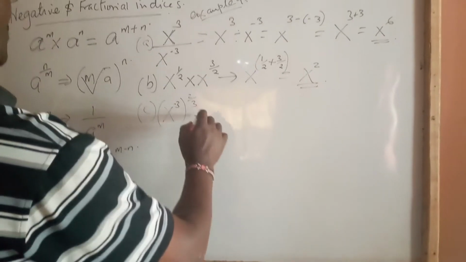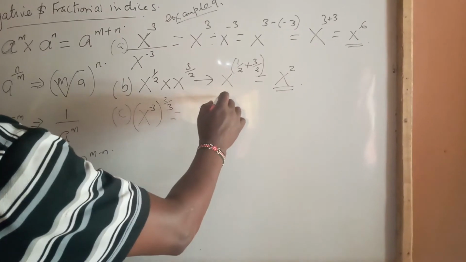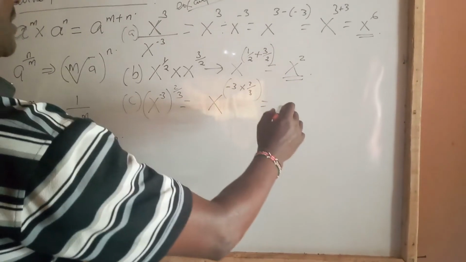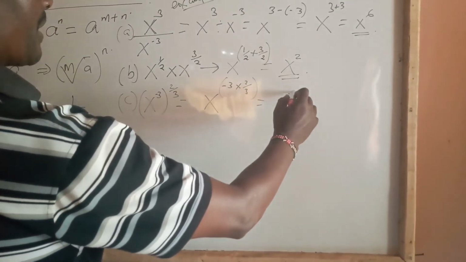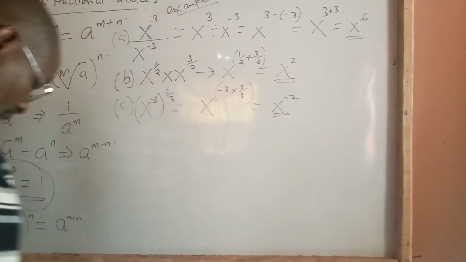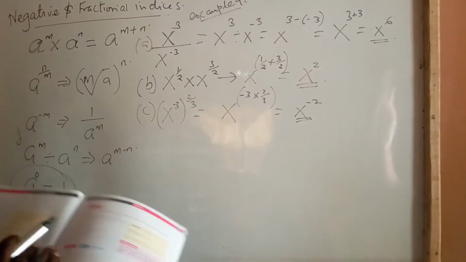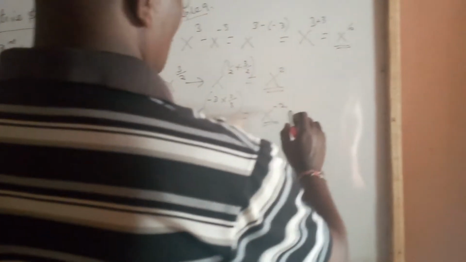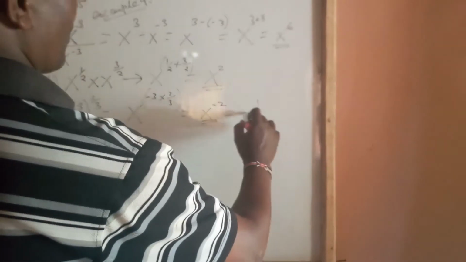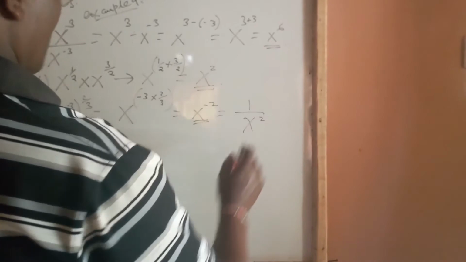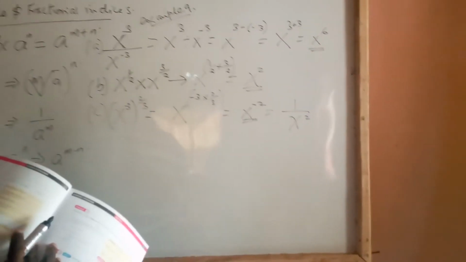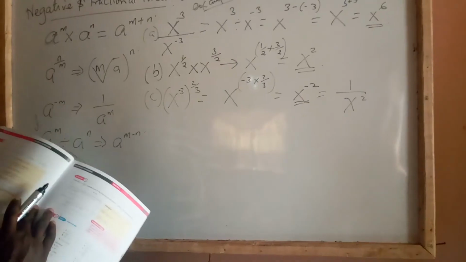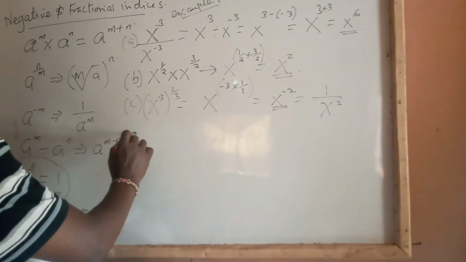So in this case, you're going to have x raised to power minus 3 times 2 over 3, which is x raised to power minus 2. If you wish to write that as a fraction, then you can write 1 over x raised to power positive 2. It is the D part that we must take care of.